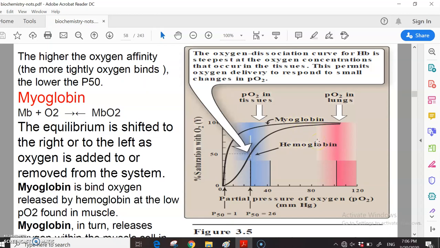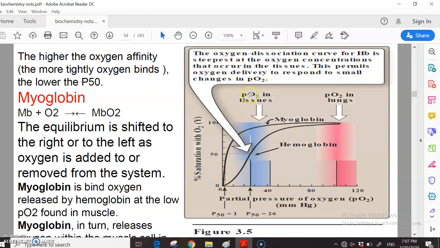So العملية تكون كالتالي. في اللي هي lungs ضغط الأكسجين concentration of oxygen يكون عالي، وبالتالي يحمل الهيموغلوبين 4 جزيئات من الأكسجين and transports this oxygen to the tissue.